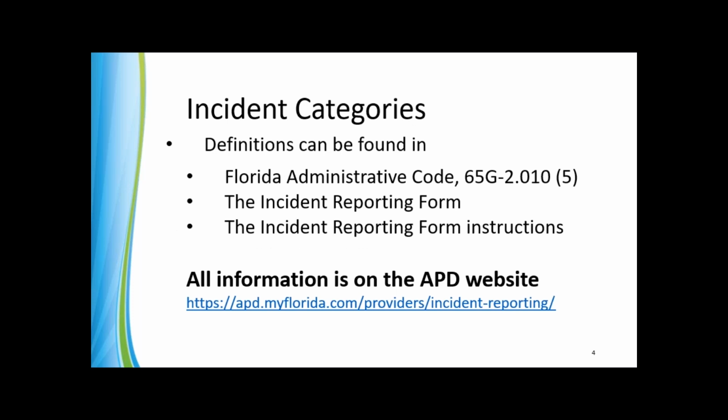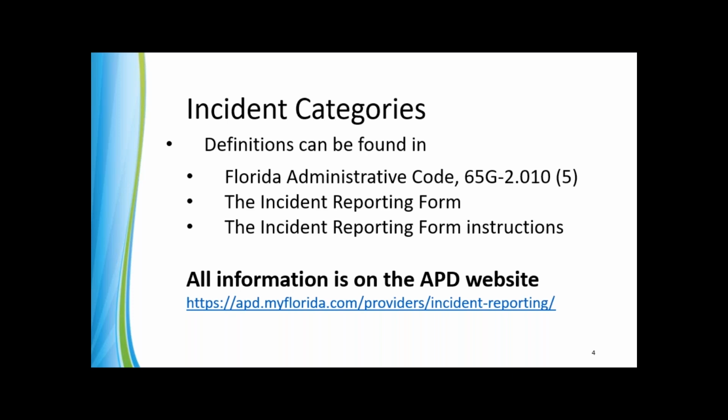This slide just kind of explains exactly what I just talked about. So in 65G2, you have your definitions for all things incident. And on the incident form, there are instructions at the end that start on page 3 of that form. We also have them separated out as a different link on our APD website.